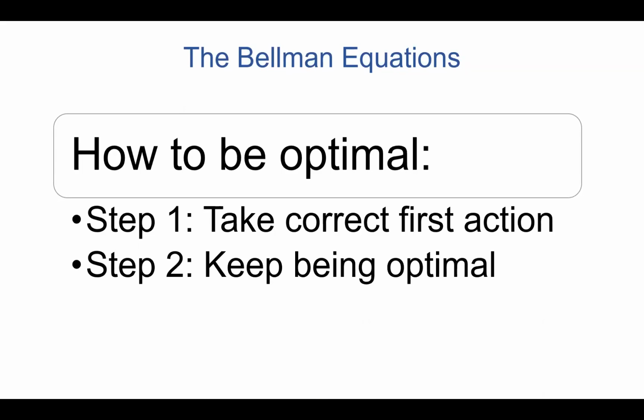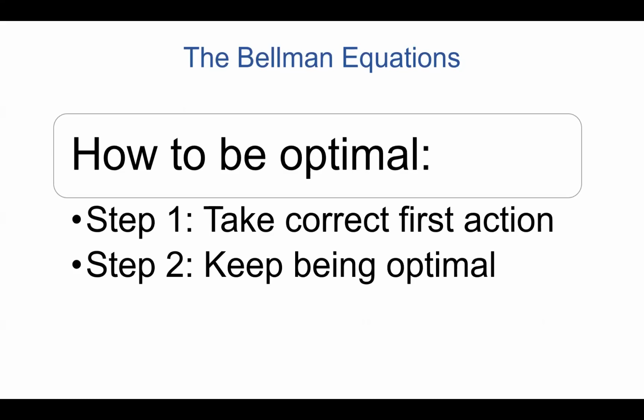The fundamental or basic idea behind the Bellman equation is just simple. These 2 simple steps. Step 1: take the correct first action, and then keep being optimal from there. Just keep improving after there. It's very simple. And that's called the principle of optimality, which the Bellman equation follows.